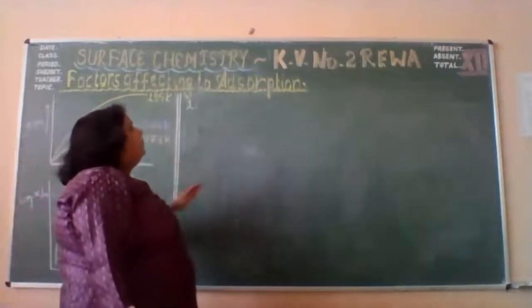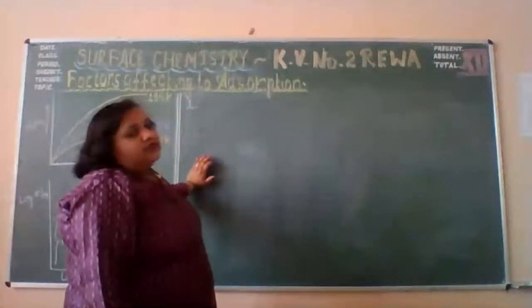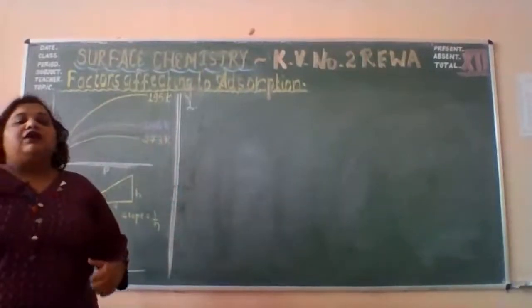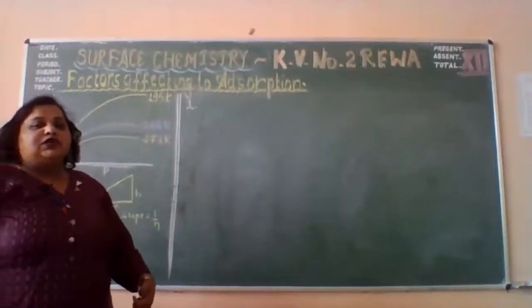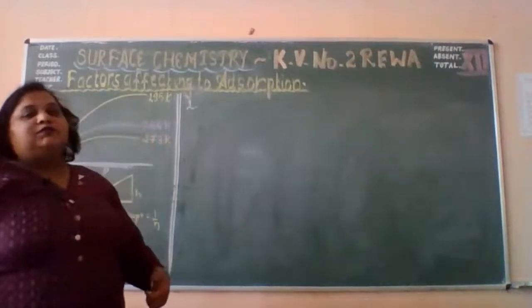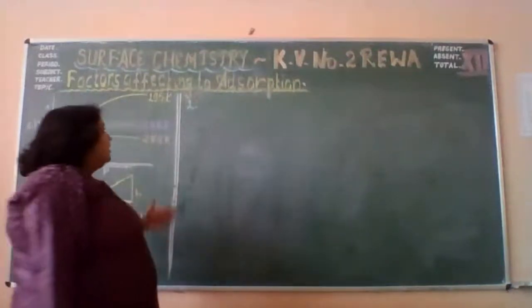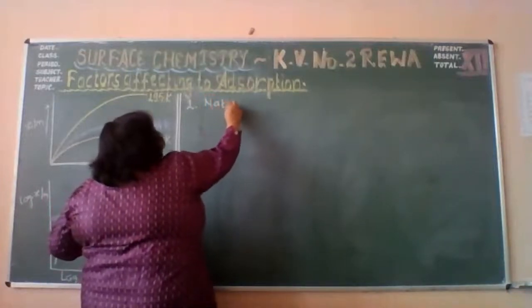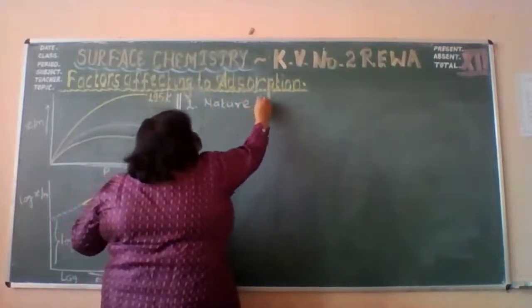One very important parameter, that is the critical temperature. By solving this type of question that we discussed in the beginning session today, you will surely remember all this. The second is the nature of the surface also. Nature and area, both the things.